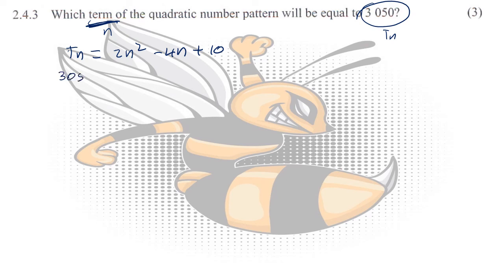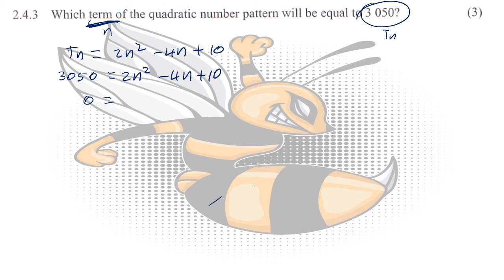So 3050 is equal to 2n squared minus 4n plus 10, and now we again have a quadratic, not a quadratic pattern, a quadratic equation. So we are going to get everything on one side of the equation to equate it to 0, so we can use factorization or the quadratic formula.